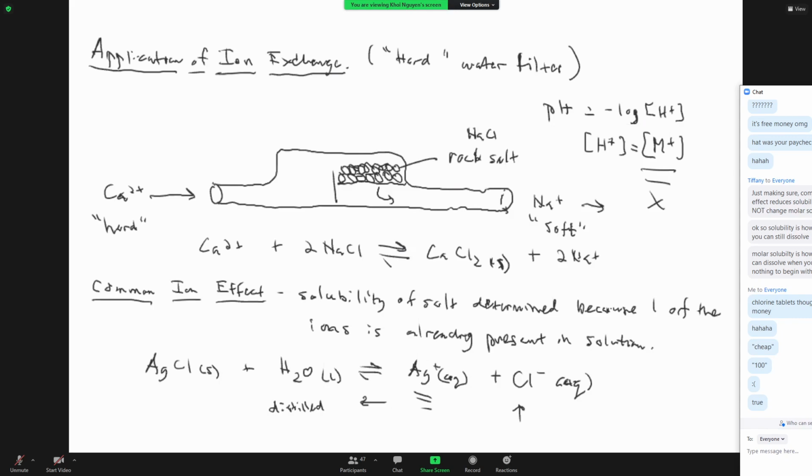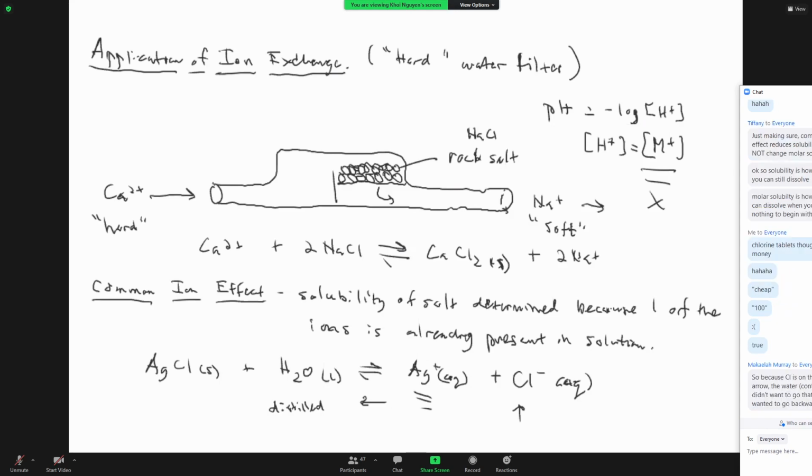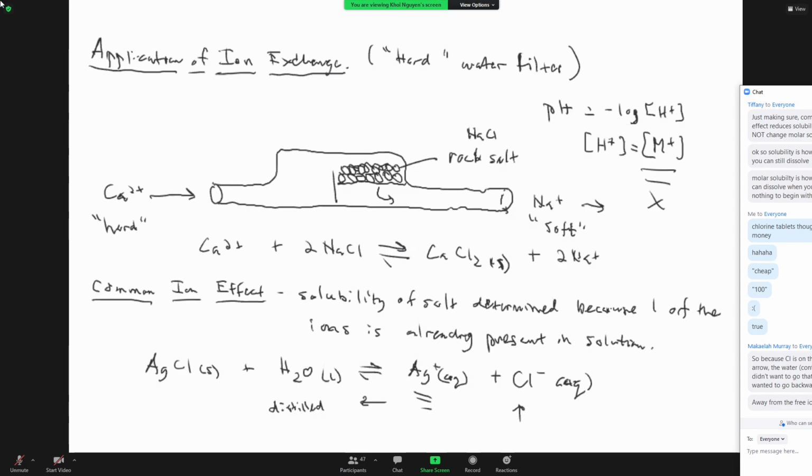But yes. Okay, so let's take a look at some questions to get you guys thinking about this. It's assumed that you're adding it to this side because it's a free ion. So you're adding it to this side of the solubility equation for silver chloride, even though it's in water.